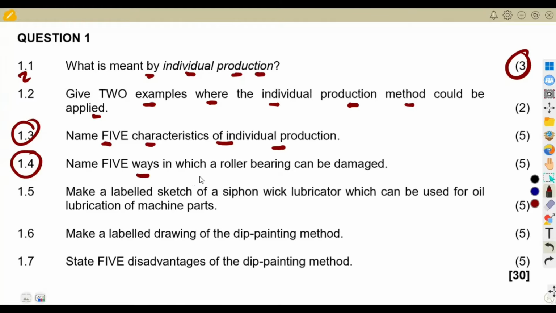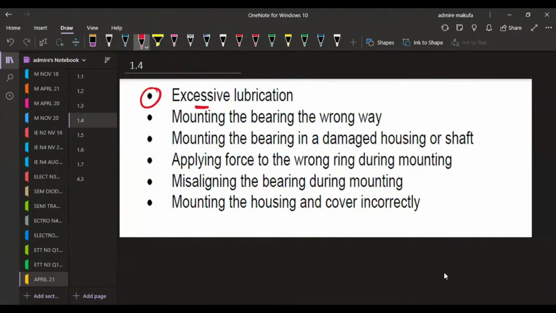Name 5 ways in which a roller bearing can be damaged. Remember, they can be damaged depending on the lubrication, for example excess lubrication. Mounting the bearing the wrong way can damage it.